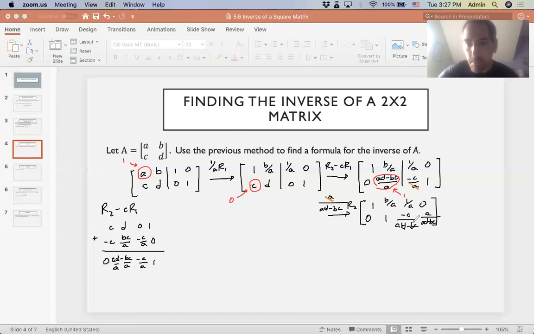Okay, so now all that's left is to force this B over A to become 0. All right, so to make this B over A become 0, I'm going to add to row 1 a negative B over A times row 2.